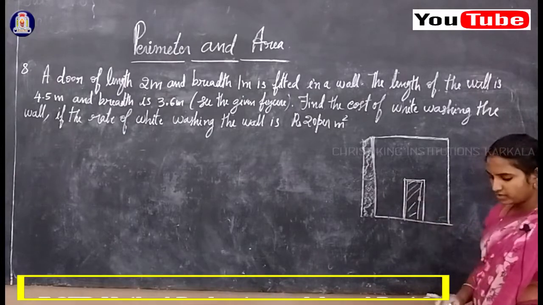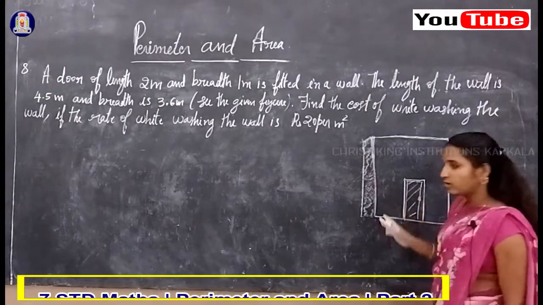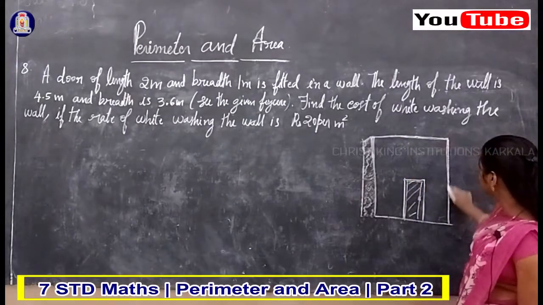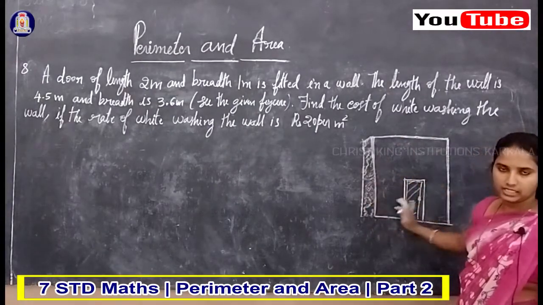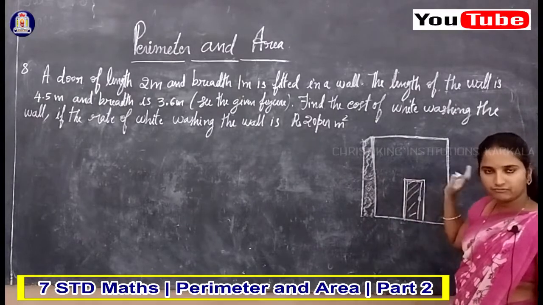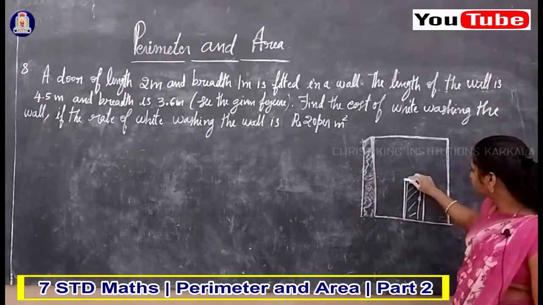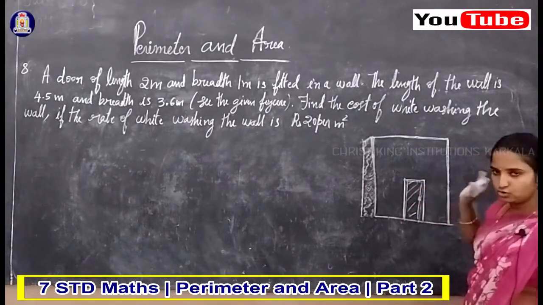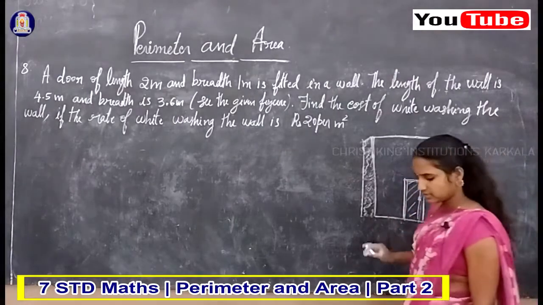So first you consider the full wall, area of wall, and from that area you have to subtract this much part, area of door. Clear? Whitewashing means area.